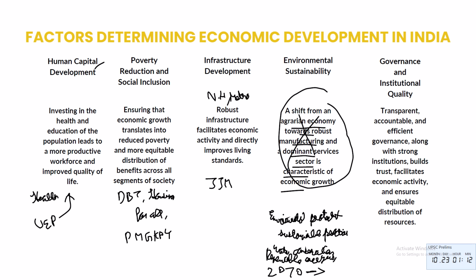Next one is good governance and institutional quality. Transparent, accountable, efficient governance along with strong institutions builds trust, facilitates economic activity and ensures the equitable distribution of resources. See here, reforms in tax administration, ease of doing business here again, and efforts to reduce corruption.